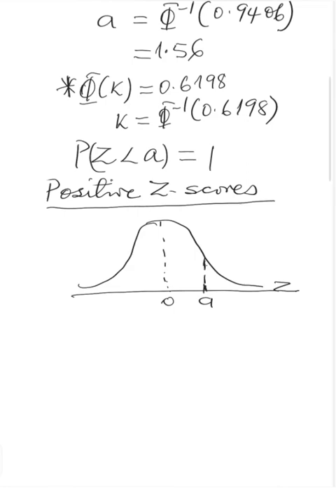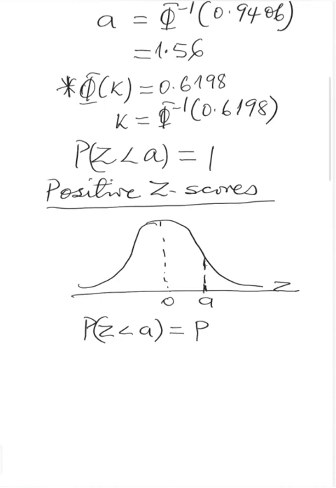So the area to the left of a, P of z less than a, is equal to a certain p, and that area to the left is greater than 0.5. From a down to the lower limit of the curve, the area is already more than 0.5.